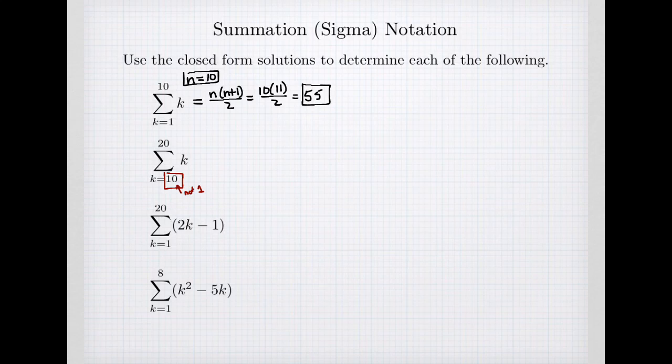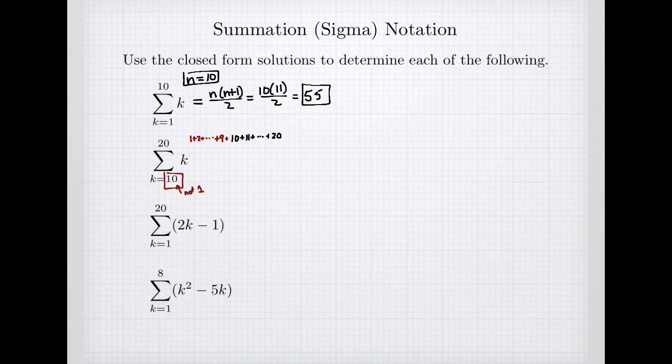So if I did 10 plus 11 plus 12 up to 20, I can't use my closed formula unless I have the numbers 1 through 9. So let's put them in here. 1 plus 2 plus up to 9. Okay. If I had all of those numbers, I could get the answer.